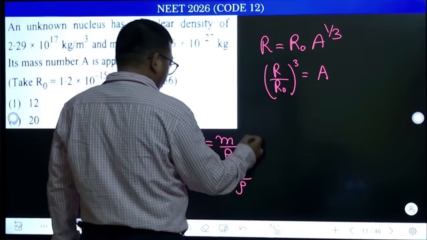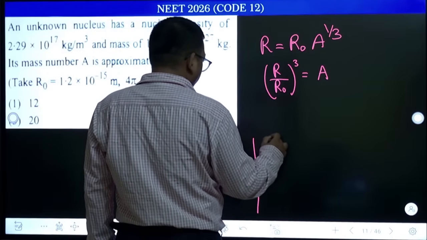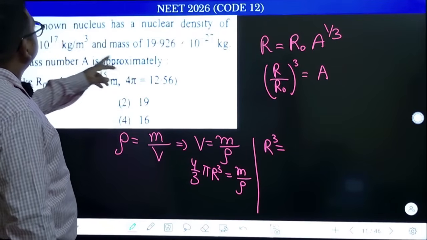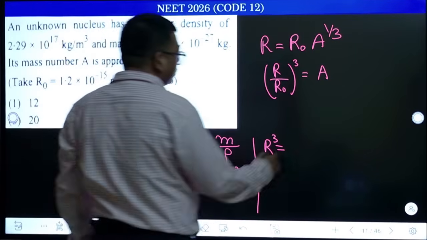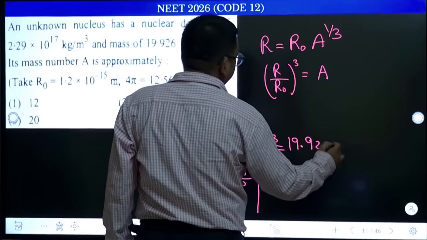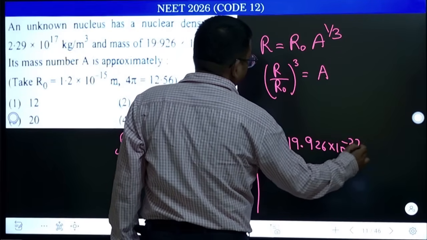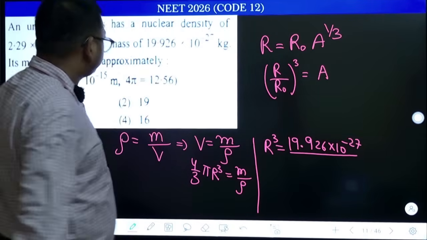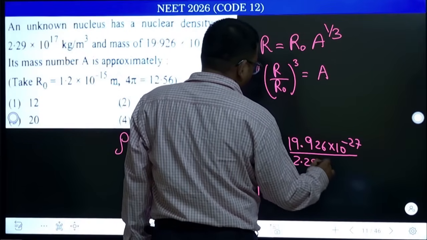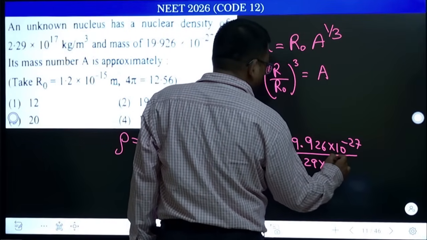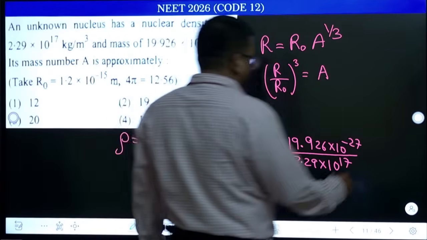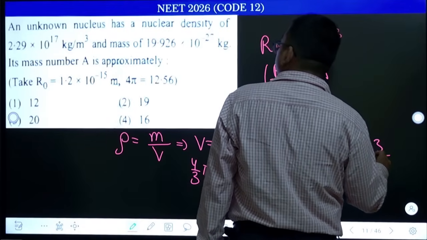So what will be r cube from here? R cube will be this ratio, mass by density. So mass is 19.926 into 10 to the power minus 27, divided by density, which is 2.29 into 10 to the power 17, into 3 by 4 pi.